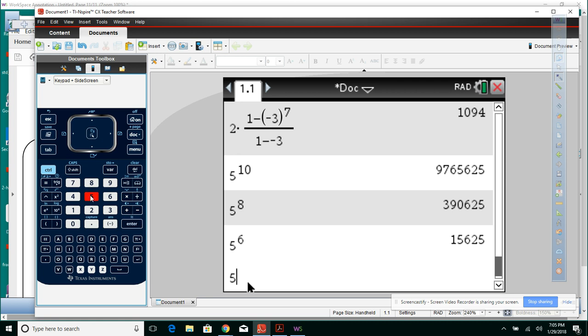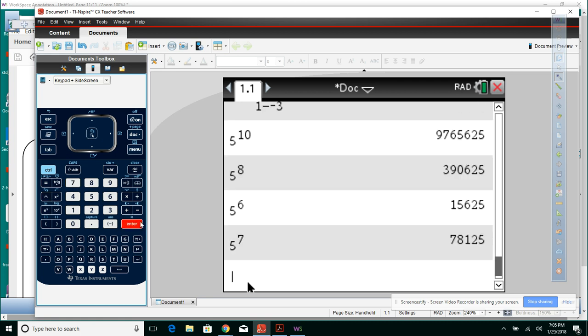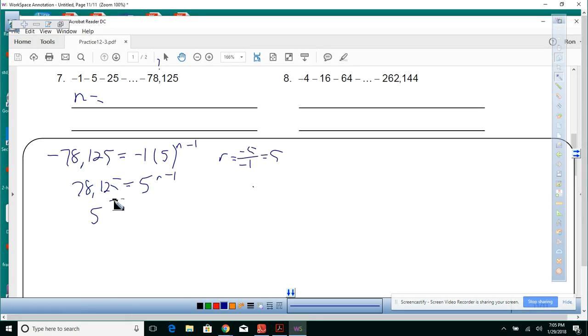Ooh, 5 caret 7, 78,125. That is 5 to the 7th. So 5 to the 7th equals 5 to n minus 1. Cancel the bases. 7 equals n minus 1. 8 equals n. So n equals 8.